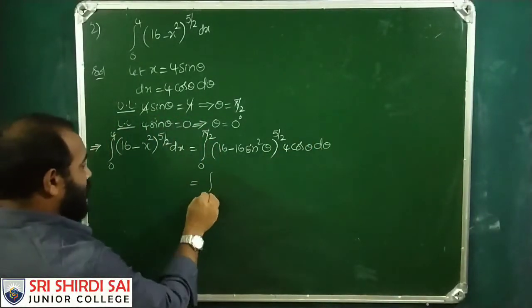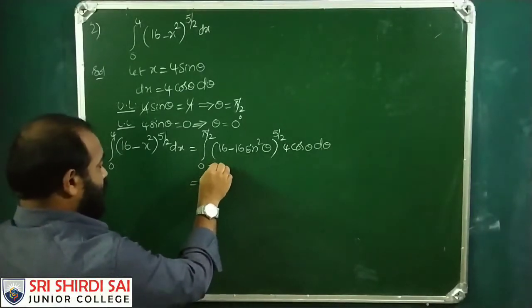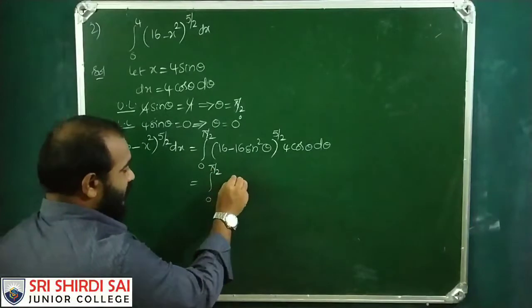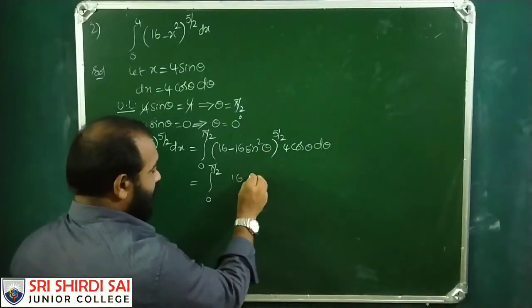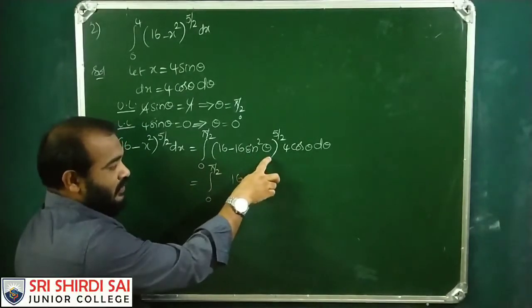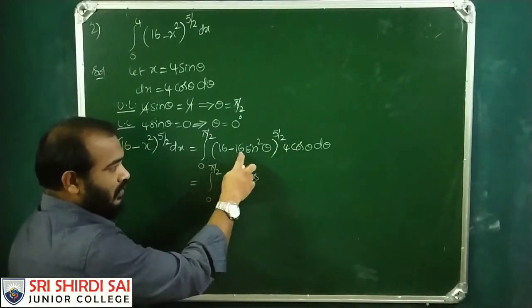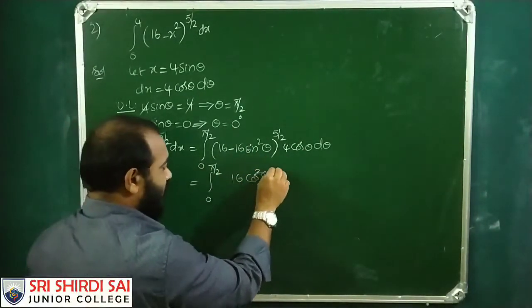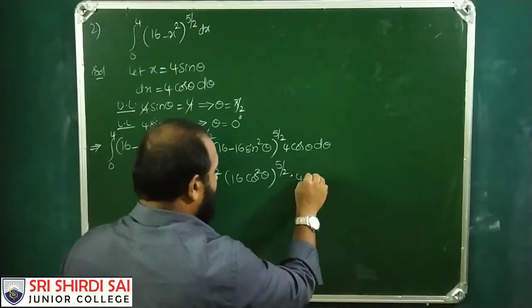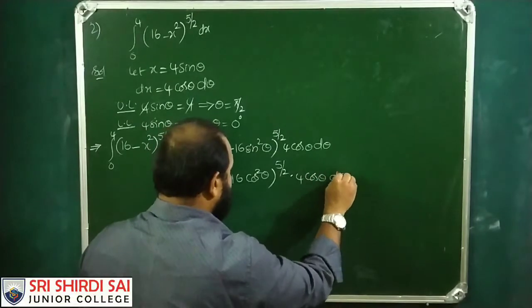This is equal to 0 to pi by 2. Take 16 as common: 16 into 1 minus sin square theta, which is cos square theta. So 16 cos square theta whole power 5 by 2 into 4 cos theta d theta.